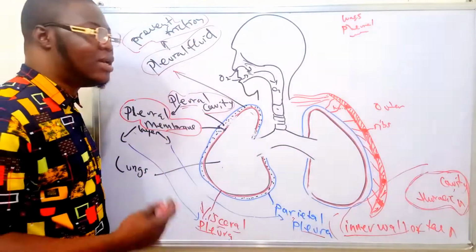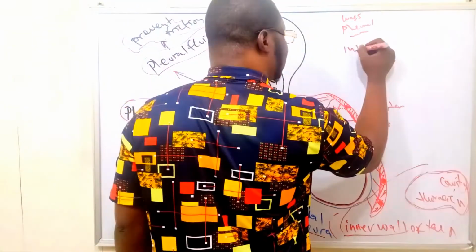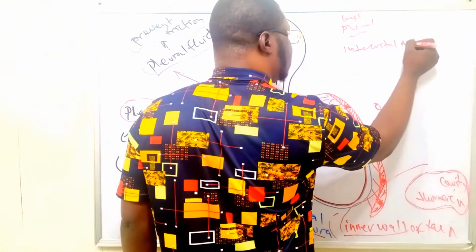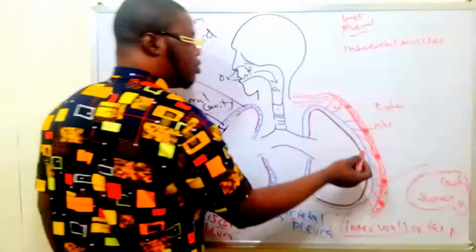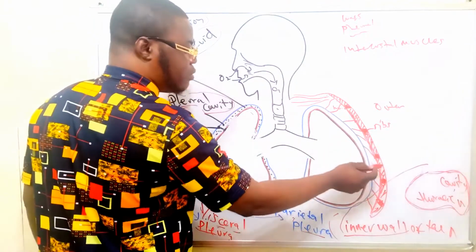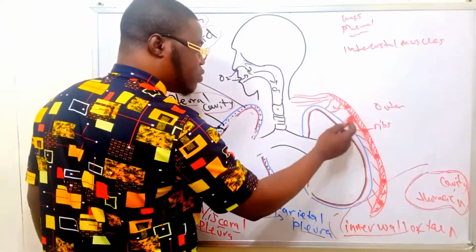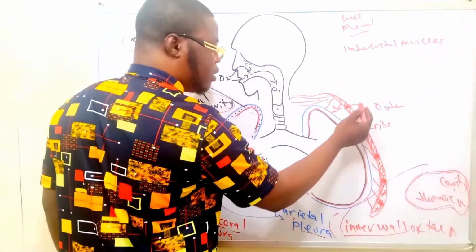As simple as that. Now, I said that to help you understand what we call the intercostal muscles. So these muscles right here are the intercostal muscles, muscles between the ribs. All this structure, these shaded parts, are the ribs.